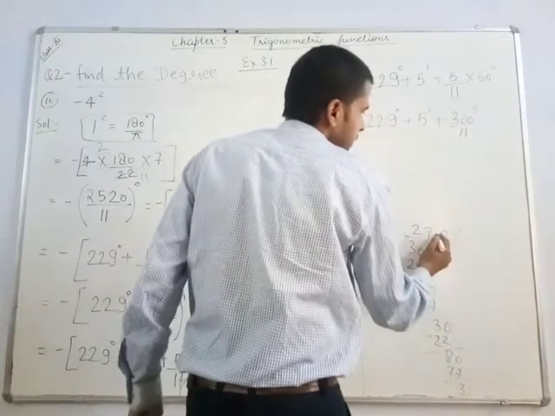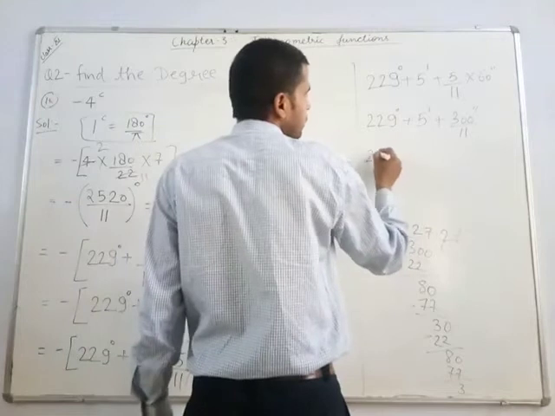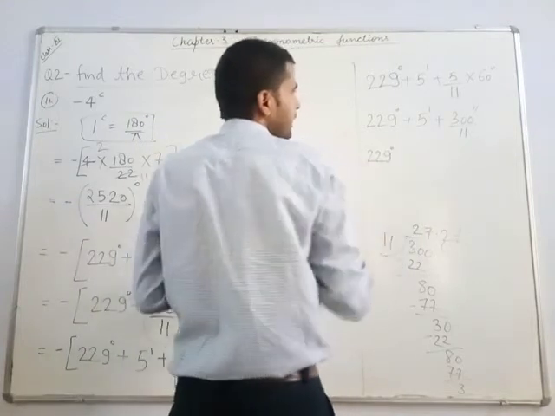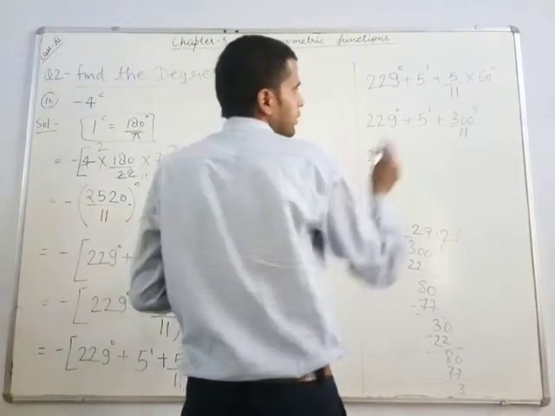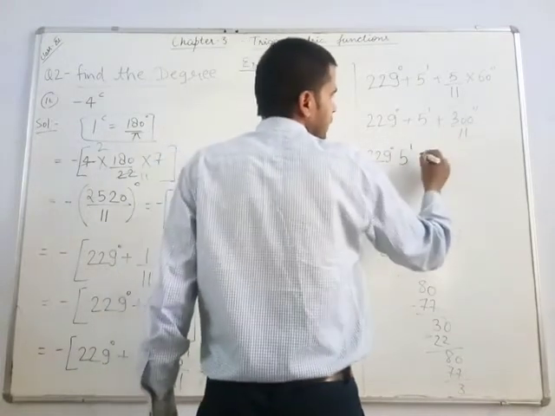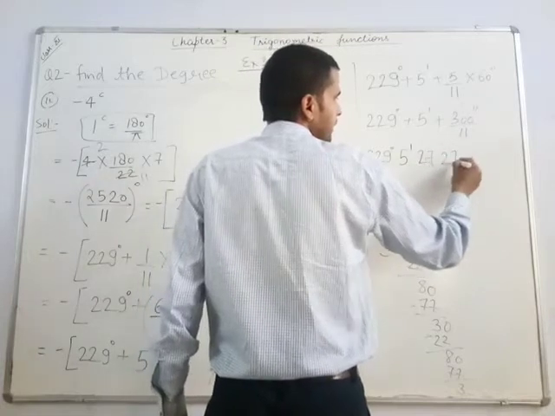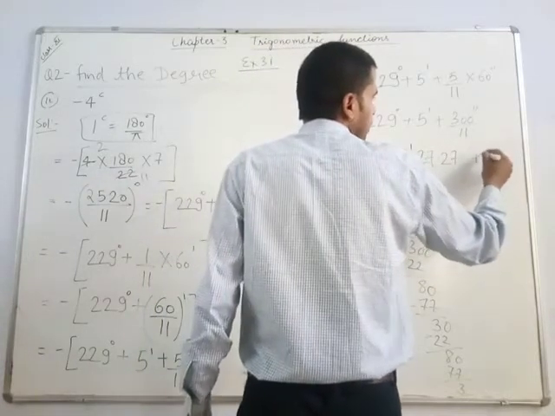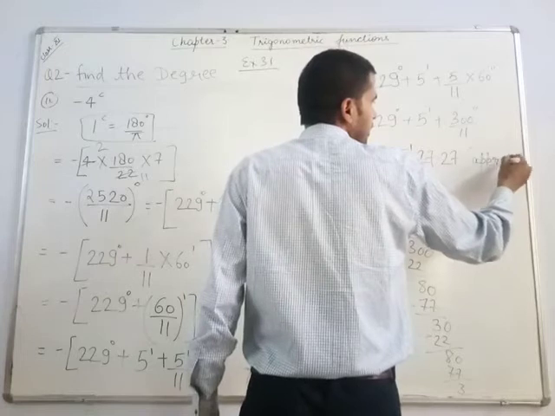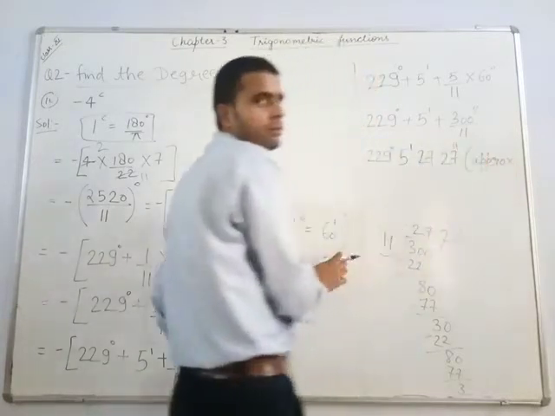So 27.27. So you have to write 229 degree, 5 minute and 27.27 second approximately. So this is your answer. This is minute. Okay.